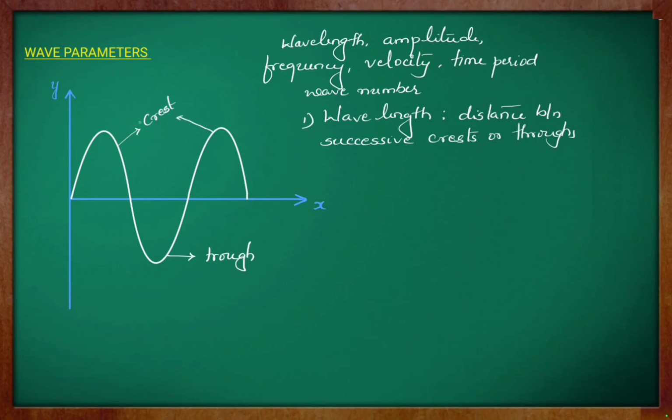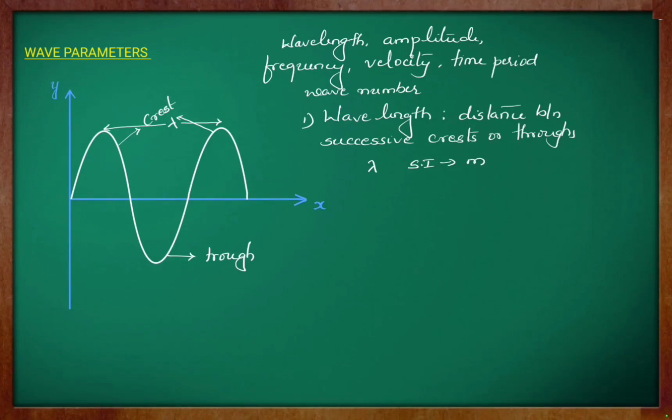The distance between these crests represents the wavelength. Wavelength is represented by the symbol lambda. It is nothing but the distance between successive crests or troughs. And the SI unit of wavelength is meter.